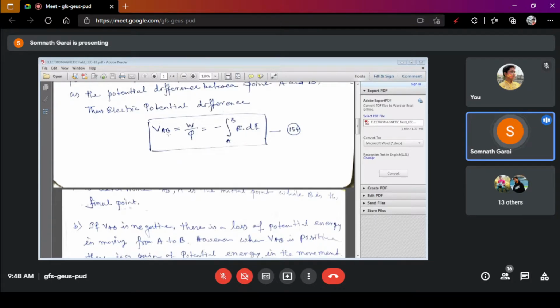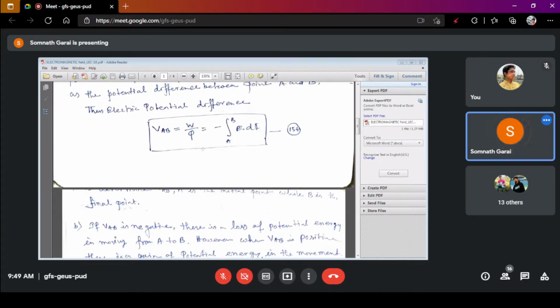That's why VAB is the integration over A to B of E dot dl. That means the lower limit will be the initial point of the charge and the upper limit is the final point of the charge. This is the first characteristic of the potential difference.